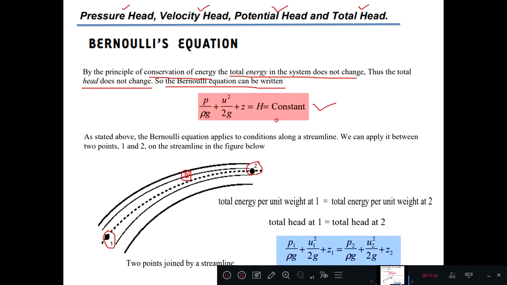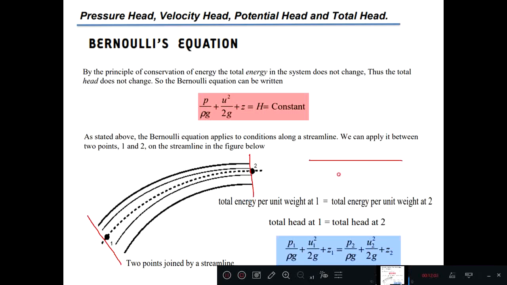And here we have considered any cross section. As I said, Bernoulli's equation can be applied for 2 points on a single streamline, point 1 and point 2 here. Wherever you take the section, it can be applied at sections 1, 2, 3 like this. Whenever you apply Bernoulli's equation at various sections, it can be written as total energy per unit weight at 1 equal to total energy per unit weight at 2, from the law of conservation of energy.